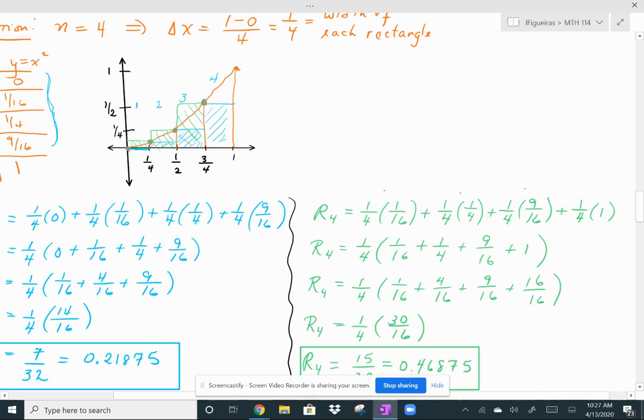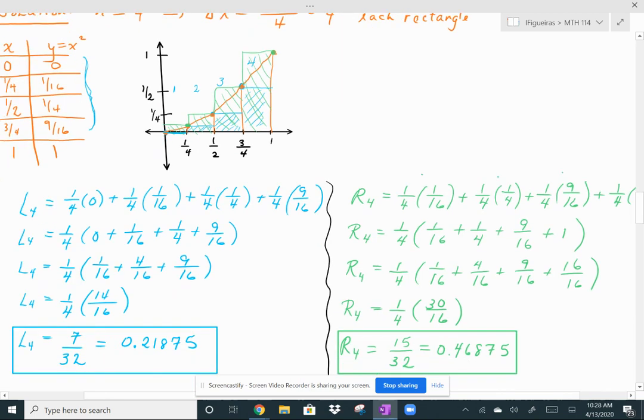And then finally, I'll end at the last point on the curve, go across, and again, looks like I have more area than what I need, but still it's an approximation. So when you're looking at right-hand endpoints, you don't use the first one, you use the second one through the last. So that's what you see here.